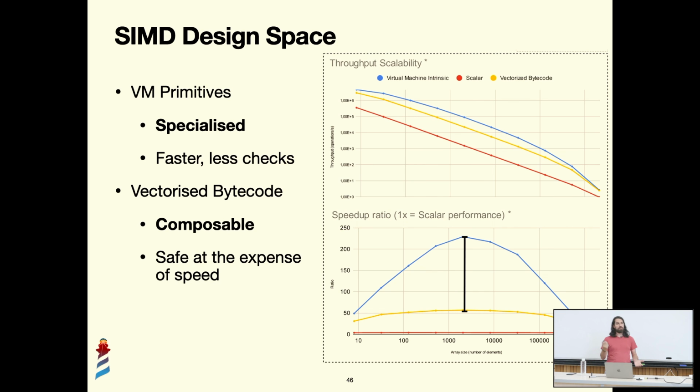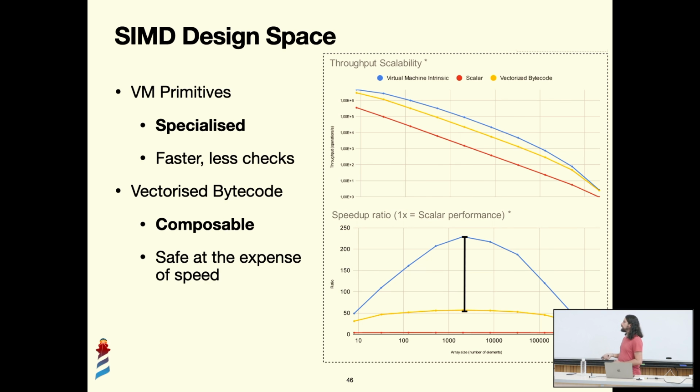Yeah. So what are the different constraints that we have? For example, primitives are kind of specialized. So if you only rely on primitives, it means that for every case you need to have a special primitive that uses these instructions. So they are less composable. They are really monolithic, but they are faster because there are fewer checks in there. So you don't need to check bounds of arrays every time.